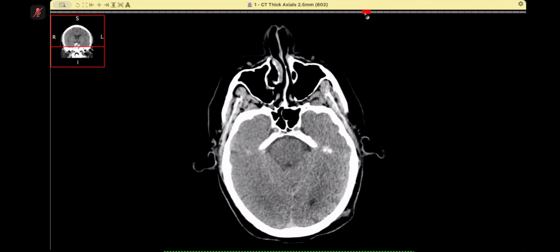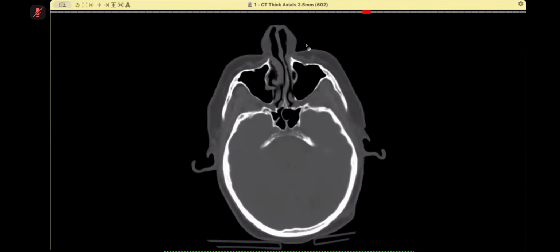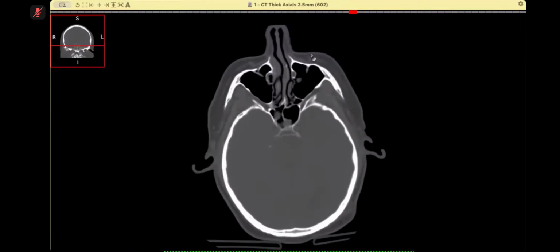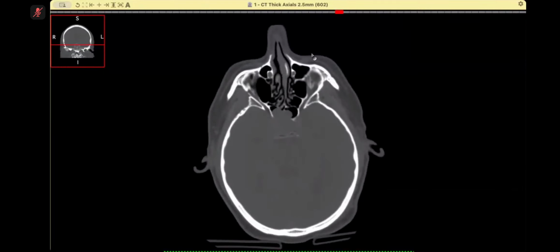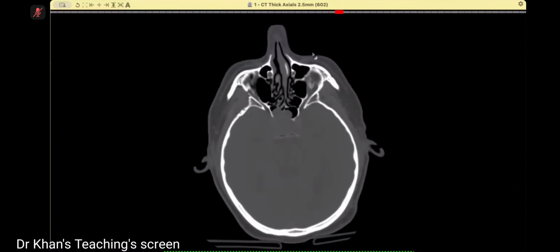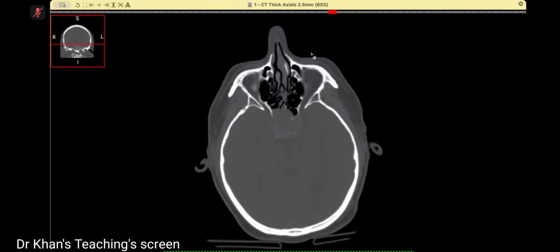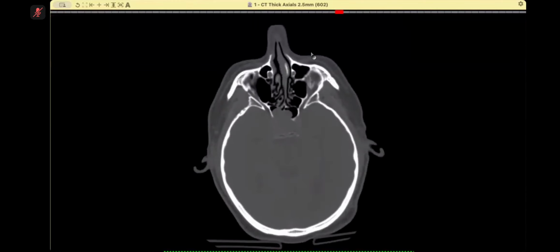Okay, just one second. What's happening on this? These are the bone images, and I can see that there is erosion of the posterior aspect of the sphenoid sinus wall, and the mass is extending into the sphenoid sinus. And there is also erosion.